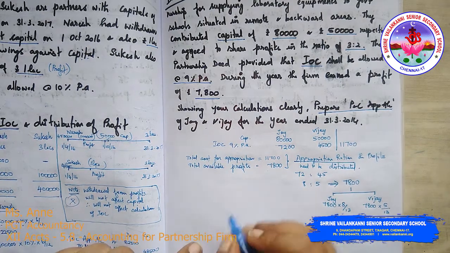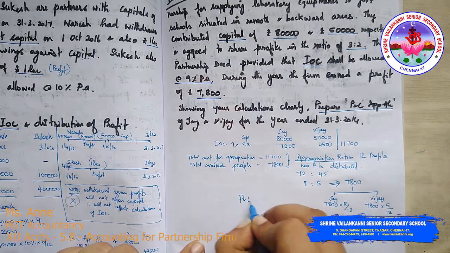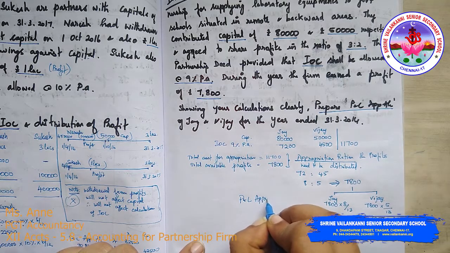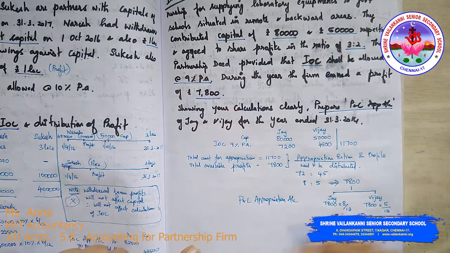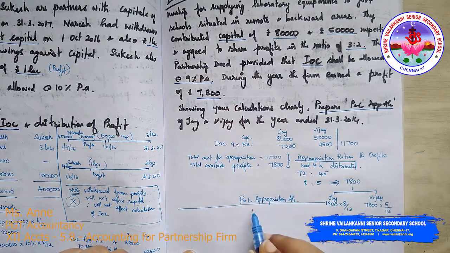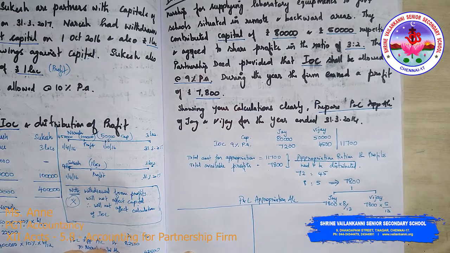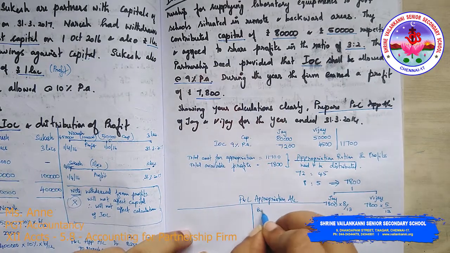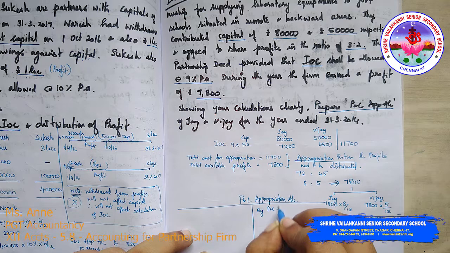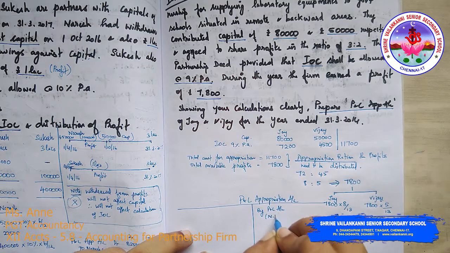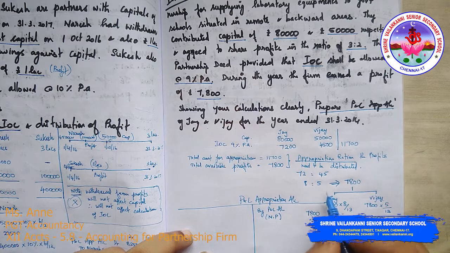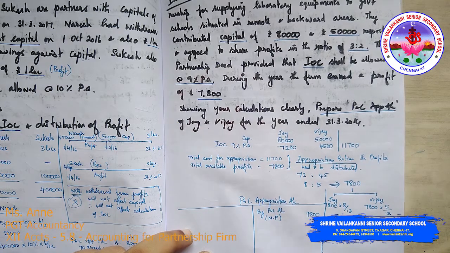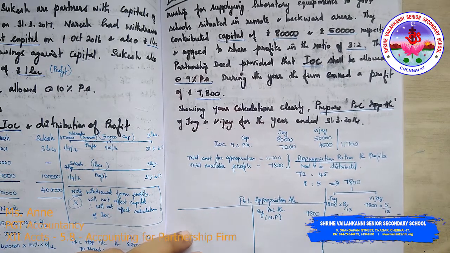Okay, now we are going to prepare the P&L appropriation account. While preparing the P&L appropriation account, we need to be very careful. We need to write by P&L account, net profit. How much is the net profit? 7,800 is the net profit.